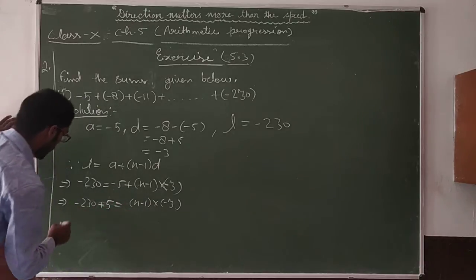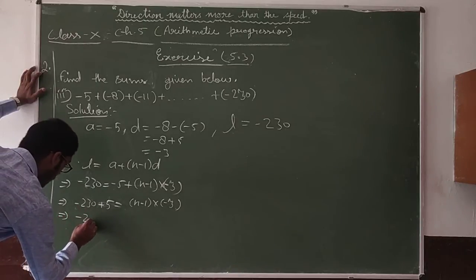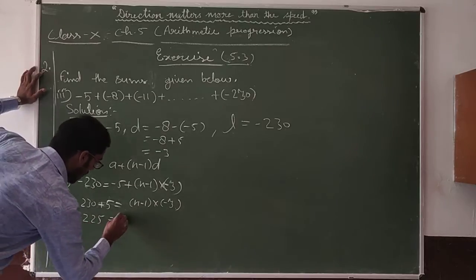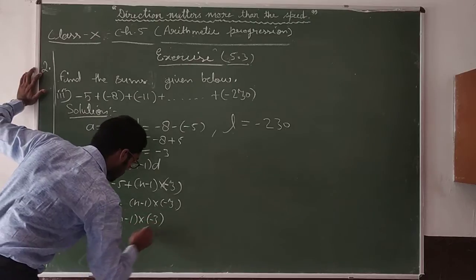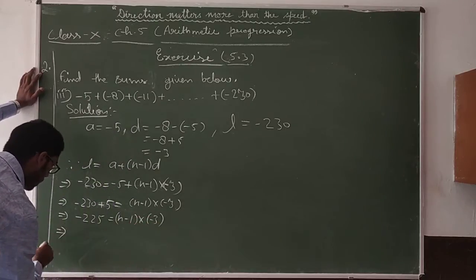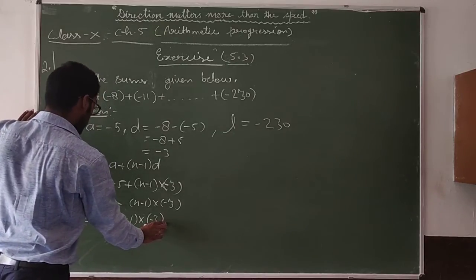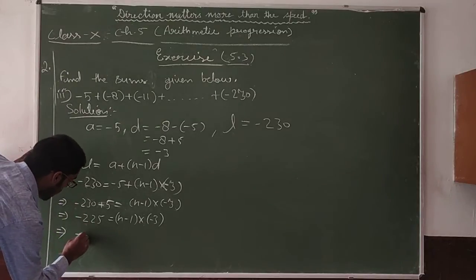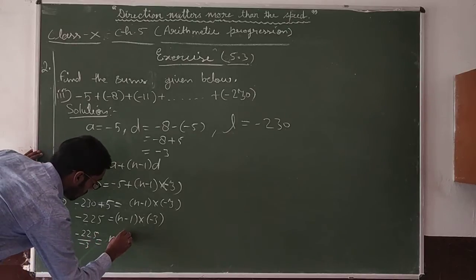Now solve it: minus 230 plus 5 means minus 225 is equal to (n minus 1) into minus 3. Now transpose minus 3 to the denominator of the LHS, then minus 225 upon minus 3 is equal to n minus 1.